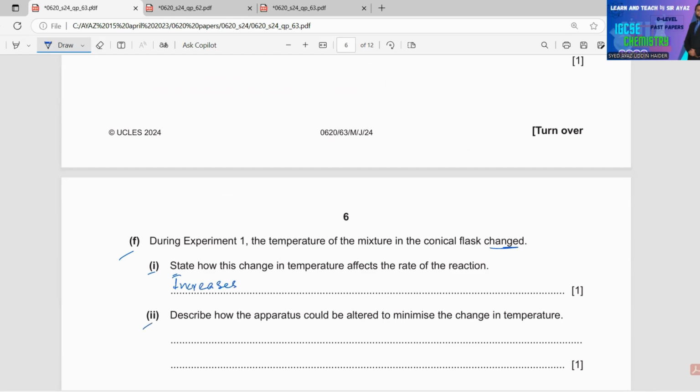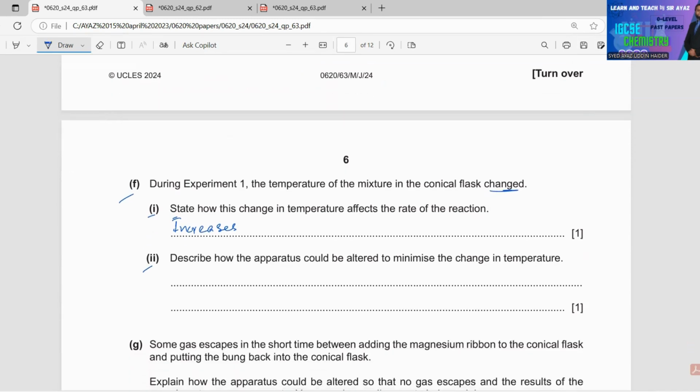2. Describe how the apparatus could be altered to minimize the change in temperature.